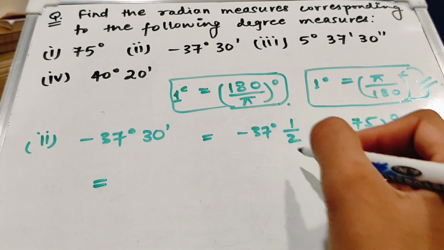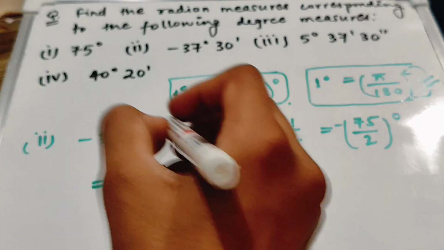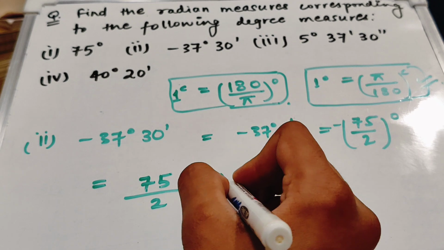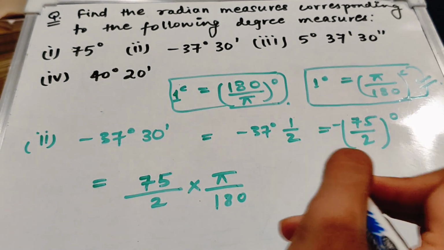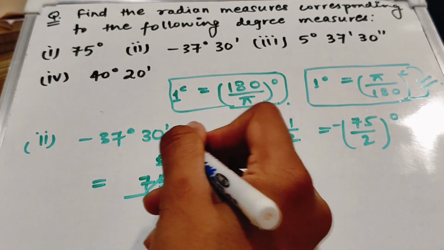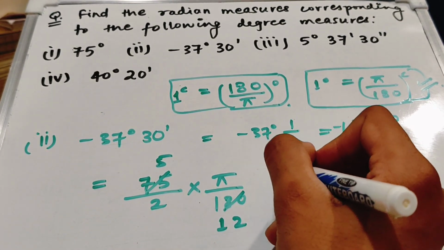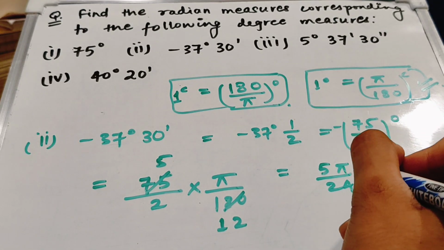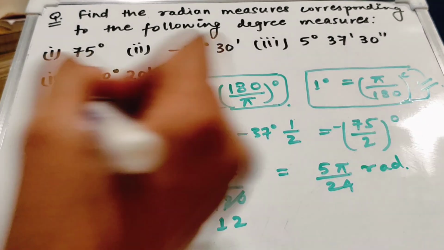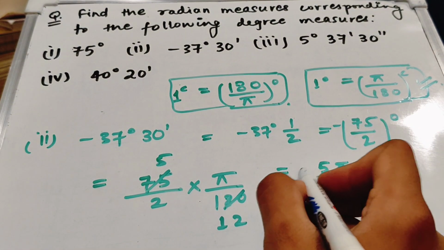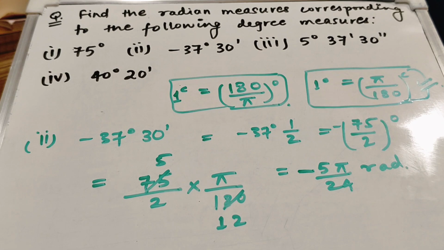So now I have the whole portion in degree and I will convert it to radian now. Multiply it with pi by 180, cancel it by 15, 5, 1, 2, you simply have 5 pi by 24 radian as your answer. Right? Very easy. 5 pi by 24.